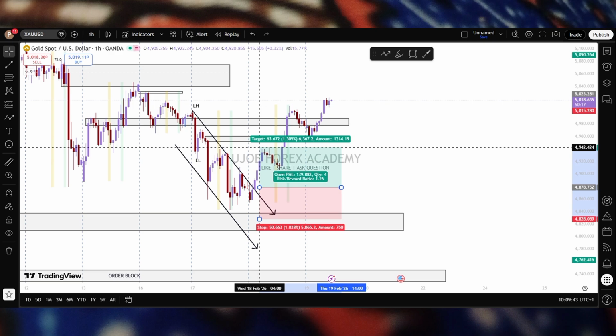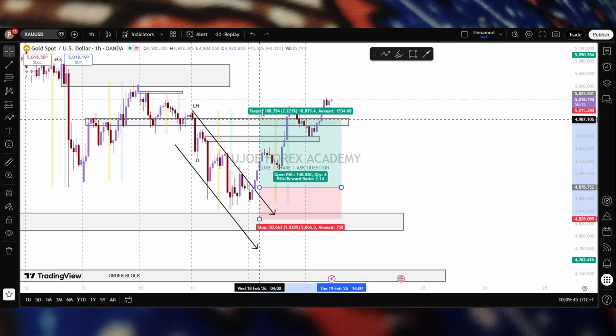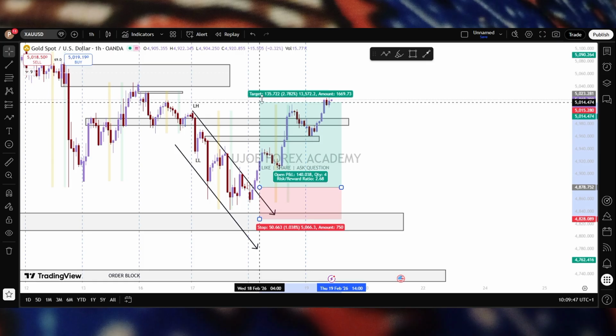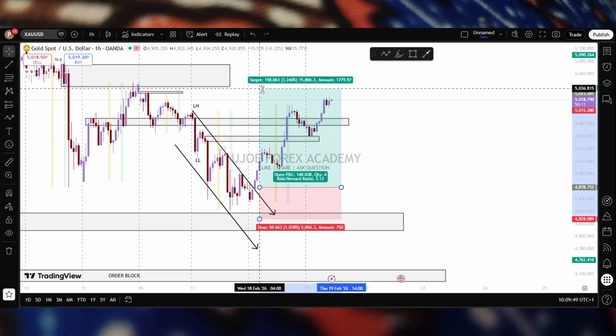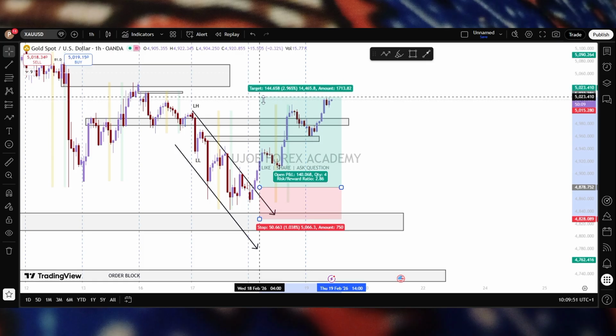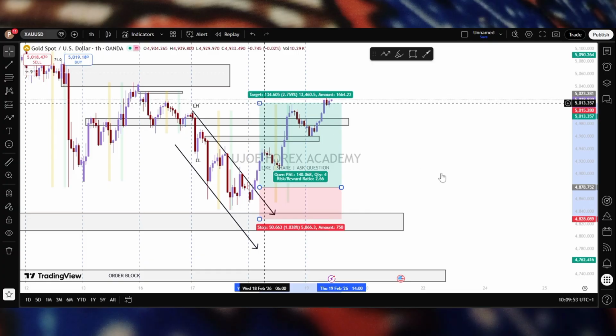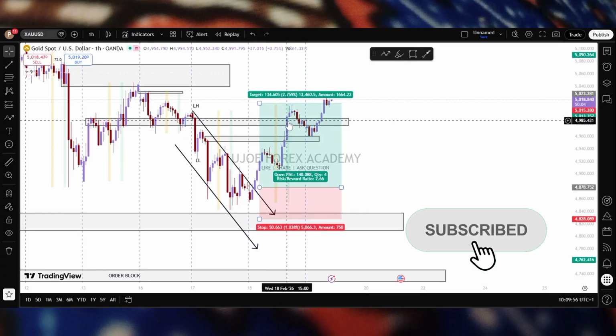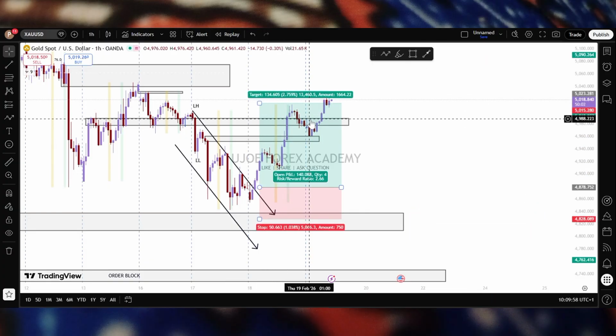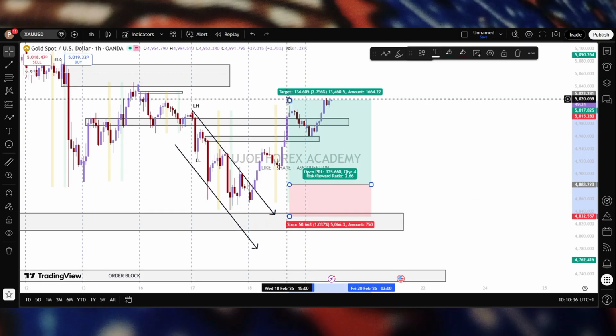Remember, this is on a 1 hour time frame, and this was where I took the trade, but not on the 1 hour. I had to break it down to the 15 minute time frame. That was where I was able to take this trade, and then it played out. It is still playing as well. We're on profit, as you can see right here. So pretty much this is it.